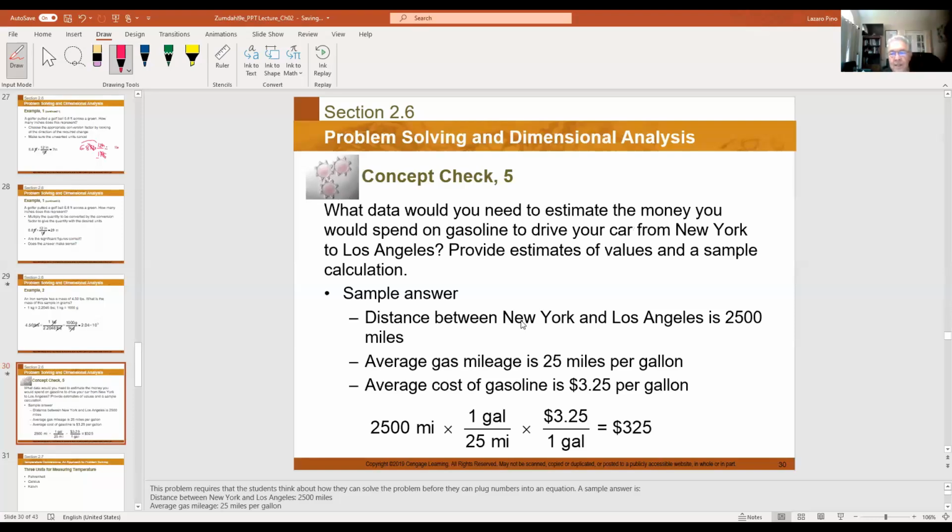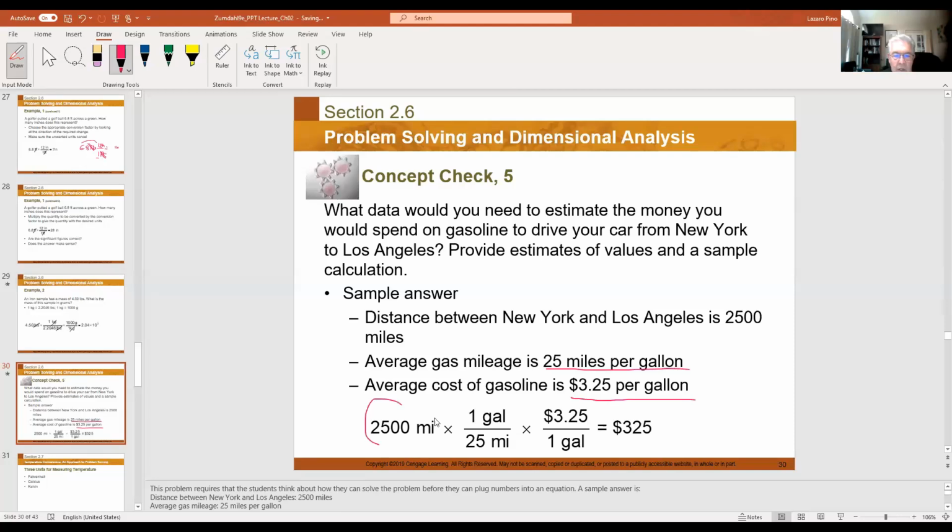Let's see this example. What data would you need to estimate the money you would spend on gasoline to drive your car from New York to Los Angeles? For example, you know that the average gas mileage is 25 miles per gallon, and that the average cost of gasoline is $3.25 per gallon. So you have two conversion factors.